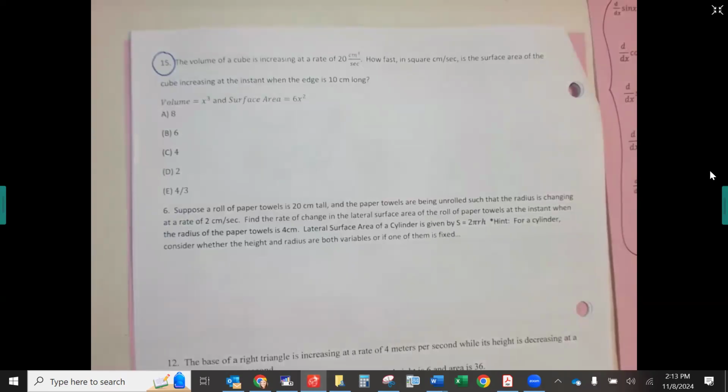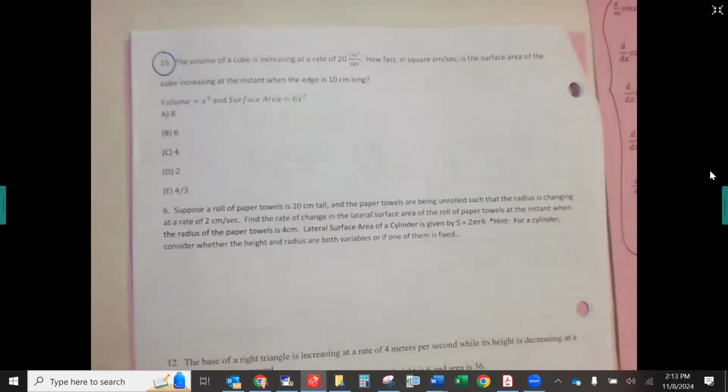Good. Now you know this. You know X. The edge of the cube is 10. The problem though is we still don't know, we know DVDT. That's what we solve for. Very good.